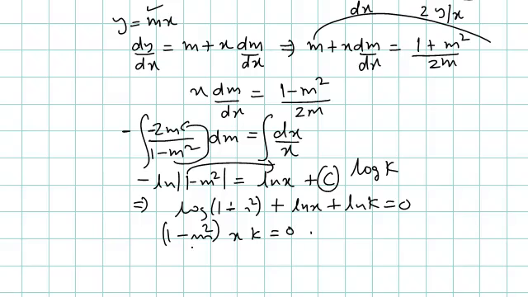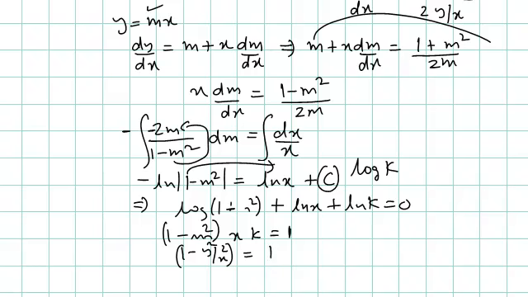So we can write this as 1 minus y square by x square, oh sorry, it's 1. Log of this equal to 0 means this quantity is 1, right?